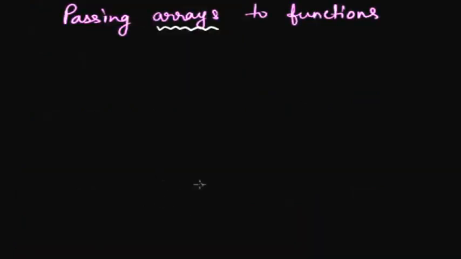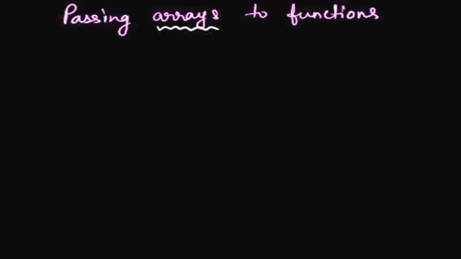Okay, we have studied functions in our previous lectures. We know how to pass arguments, how to pass parameters to functions. We can pass single variables to functions. These are called arguments. Now how do we pass the data contained in arrays to some function?